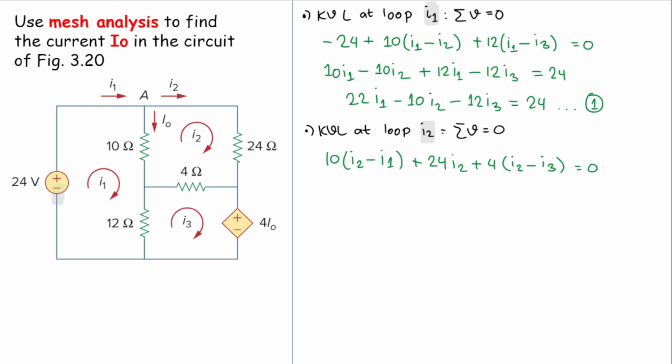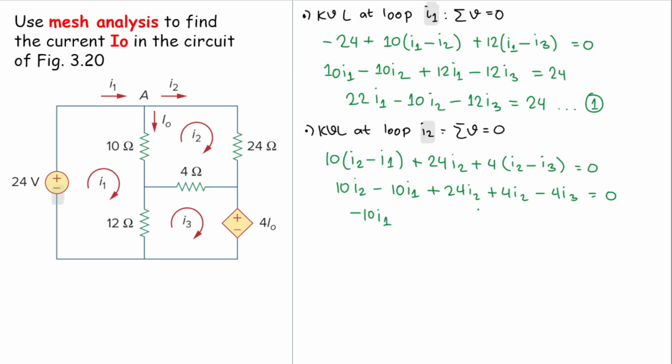Good. Now let's simplify this. So we'll have 10 I2 minus 10 I1. And then plus 24 I2. And then plus 4 I2 minus 4 I3. And that will equal 0. So we will have minus 10 I1.